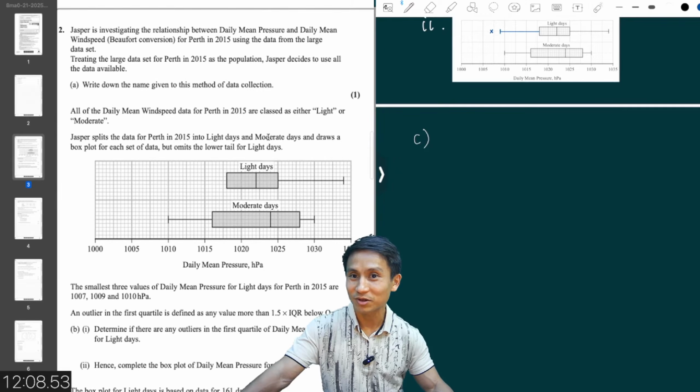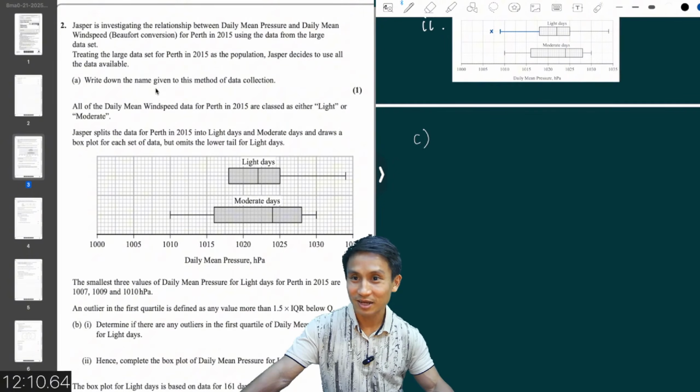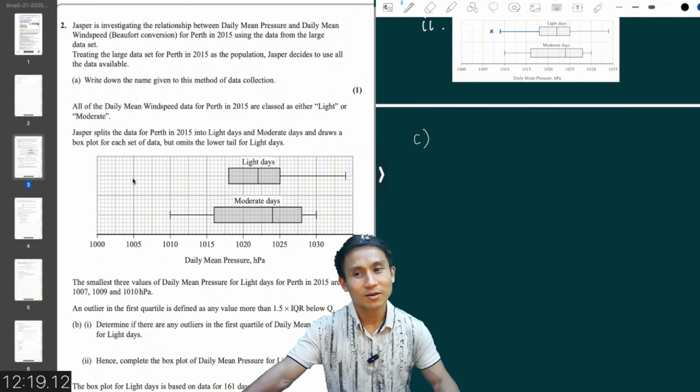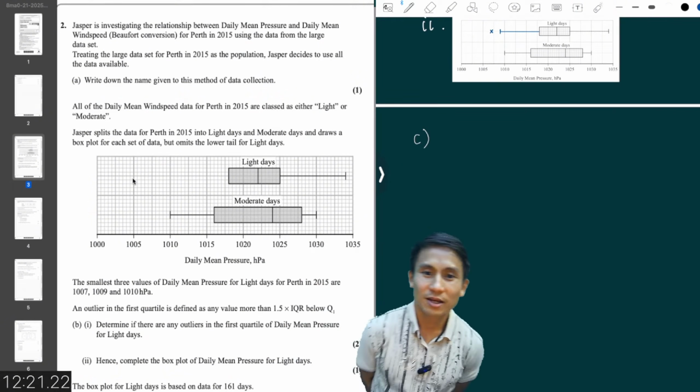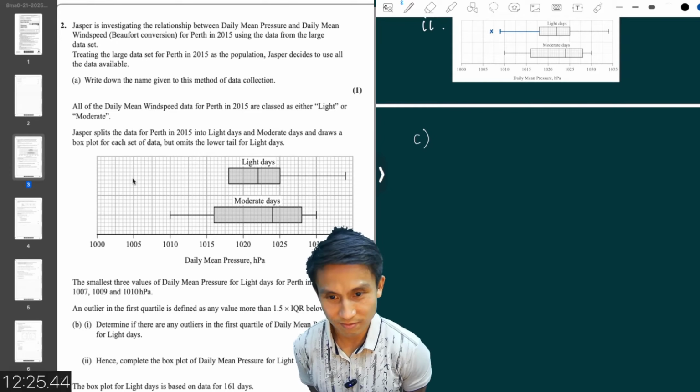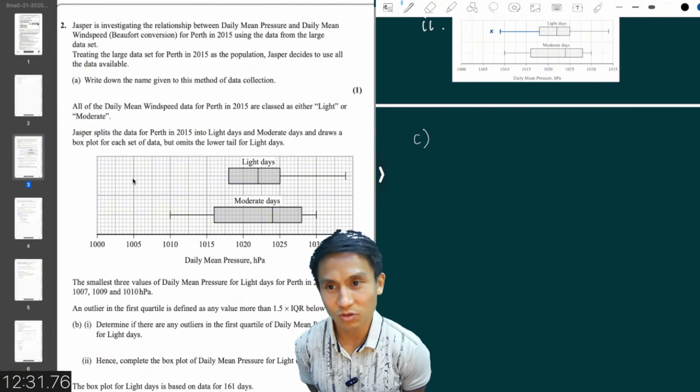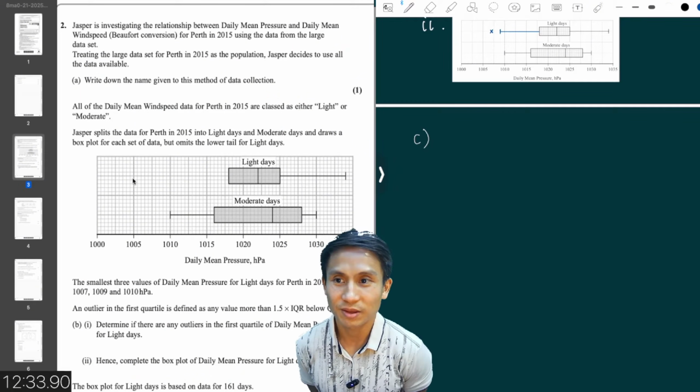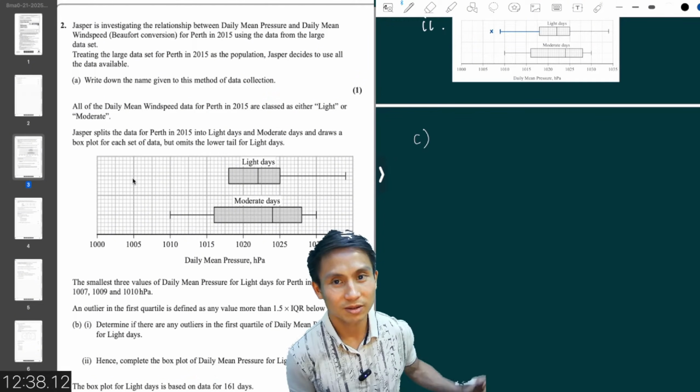Wait, hang on. What does moderate mean again? Okay, all the daily mean wind speed data are classed as either light or moderate. Okay. So, interesting.